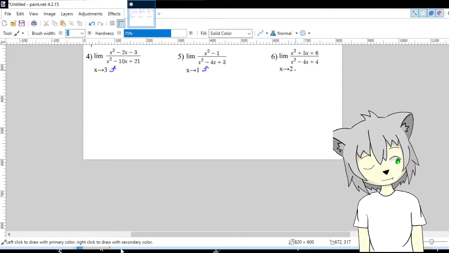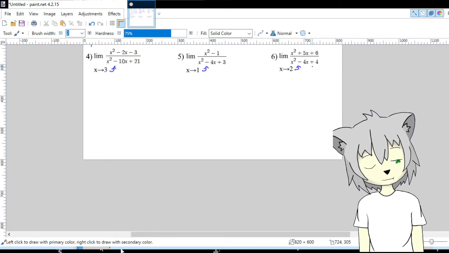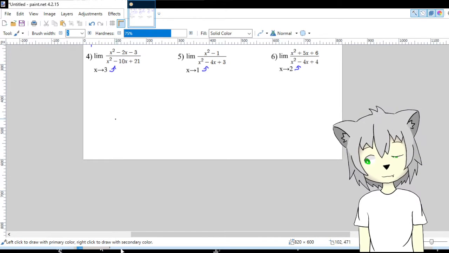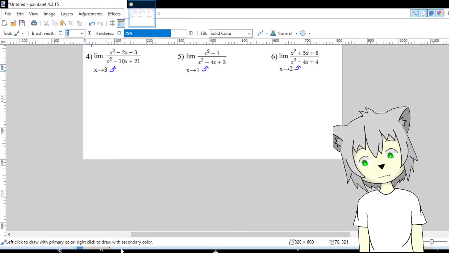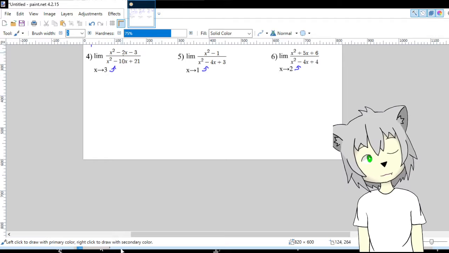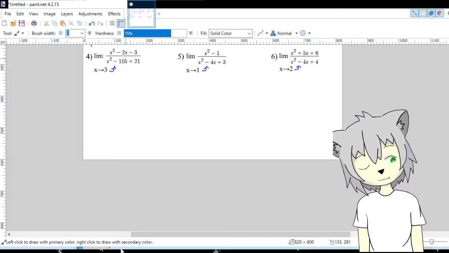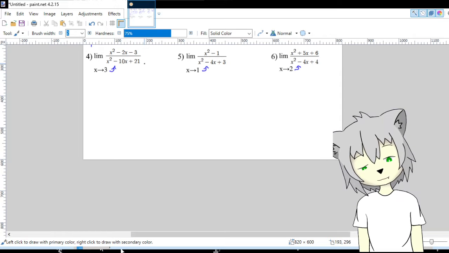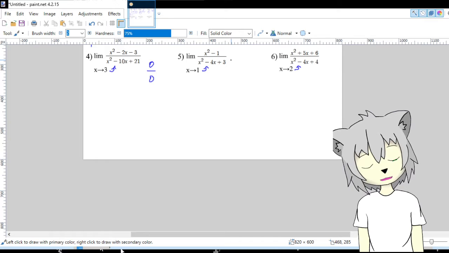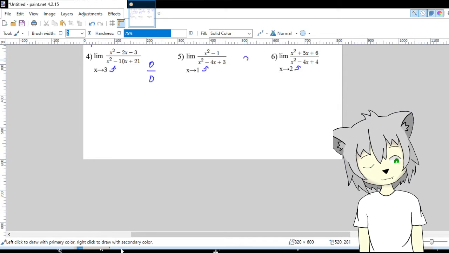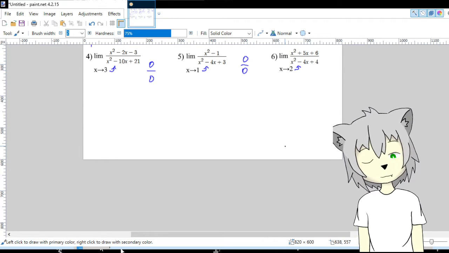I kind of want to save this for later, but you can do that early as well. If you plug what the limit approaches into these functions, you should get 0 divided by 0. Hope you guys got that. And if you plug 1 into that, you should also get 0 over 0.